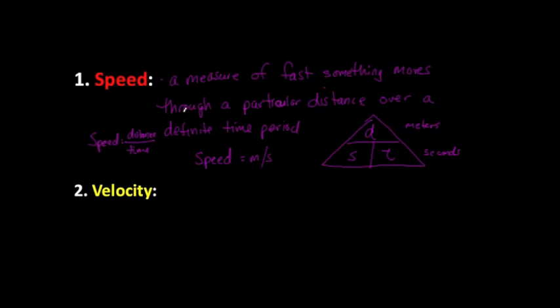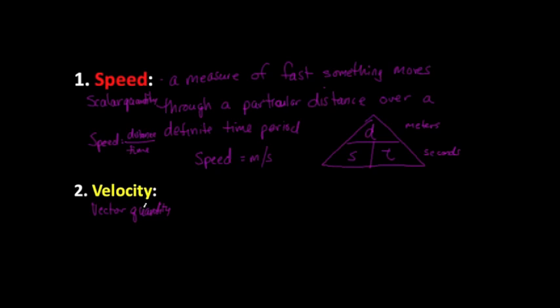Now, velocity is speed, but it has to have a direction, because velocity is a vector quantity. Speed is a scalar quantity. The main difference between velocity and speed is that velocity has a direction.